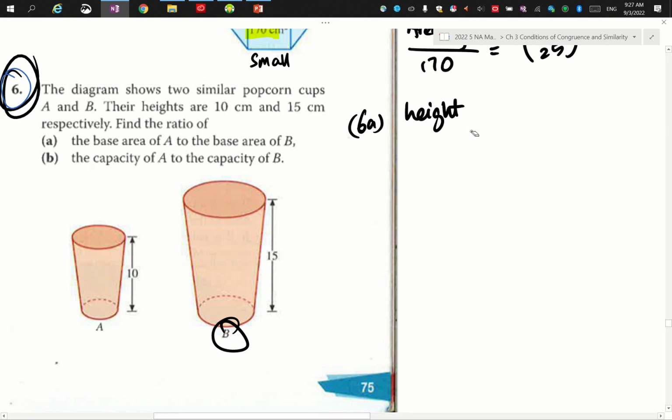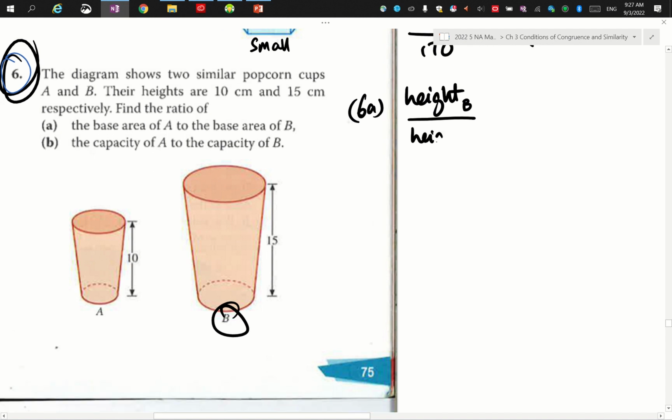Okay, so make a small edit. So height B divided by height A. Okay, then? Oh, equals to 15 over 10. Then I have to simplify. 3 over 2. And then what happens?